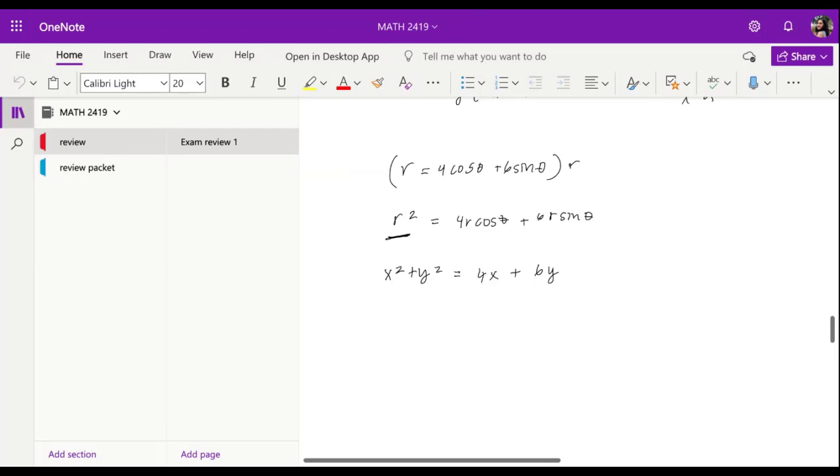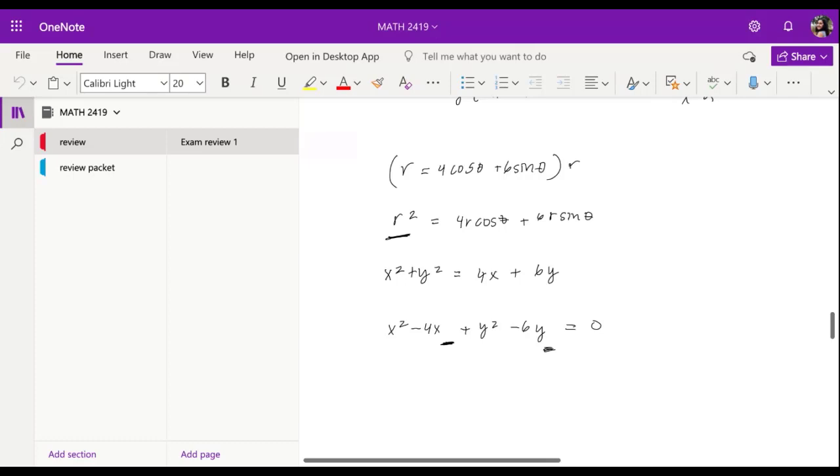So we have x squared minus 4x, and then we have plus y squared minus 6y equals 0 right now. And so we can complete the square. If you remember how to complete the square, we will add in extra constants, and we can subtract it from the same side and bring it over to the other side in order to maintain the same equation.